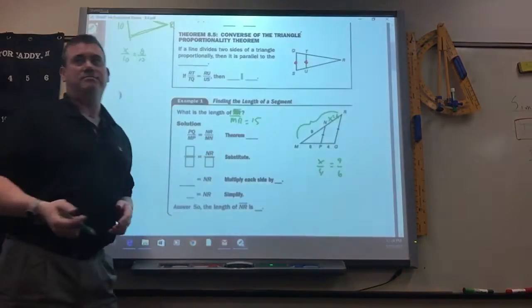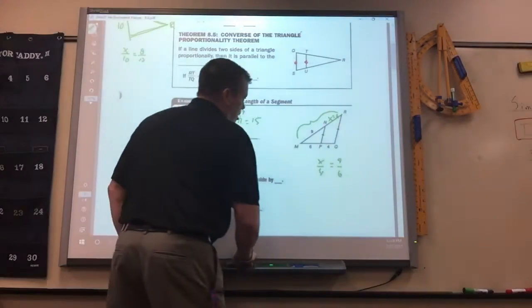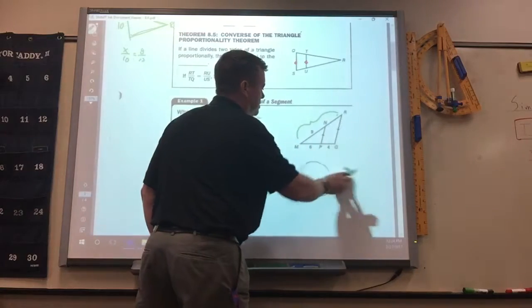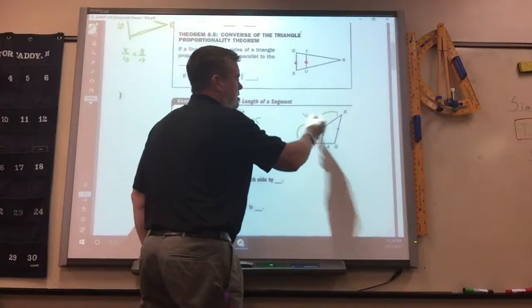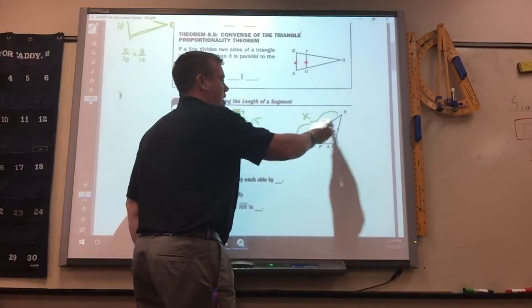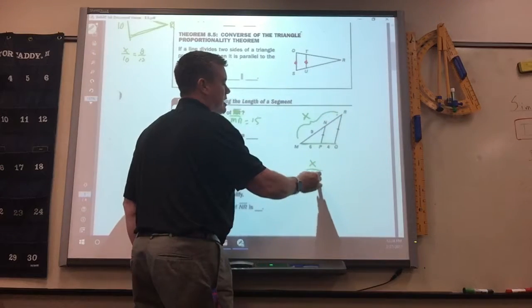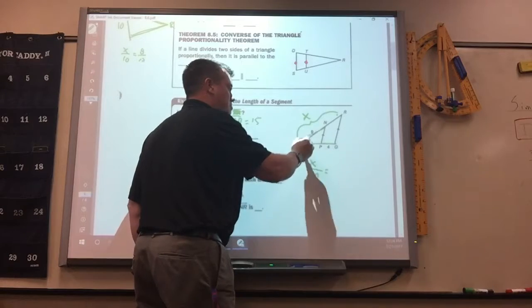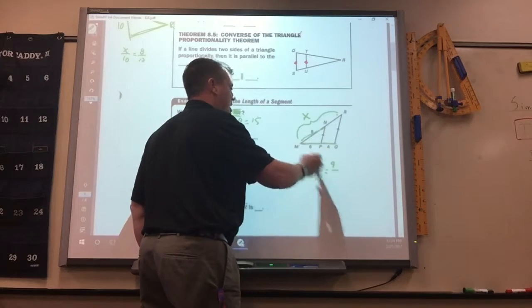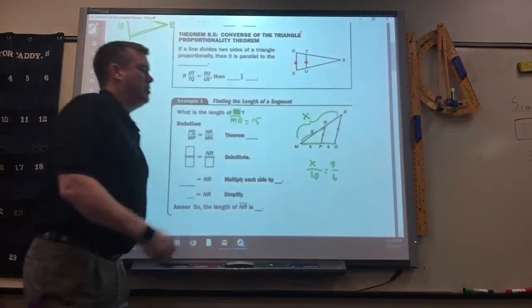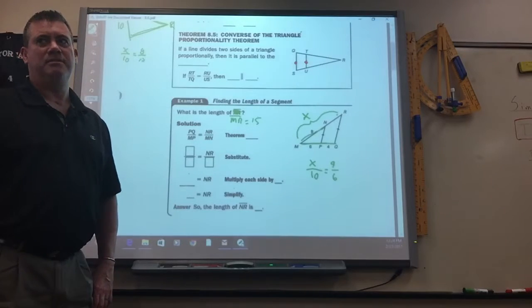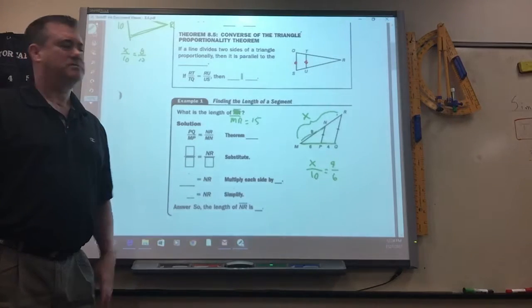It'd be 15, right? Or you could do it this way. Since they want the whole thing, you take the whole side, which we don't know, to this whole side, which is 10, equals this piece to that piece. And you'd get the same answer, 15. Both ways work.